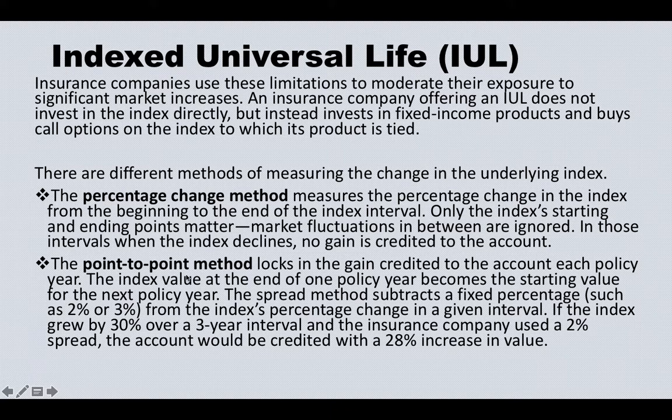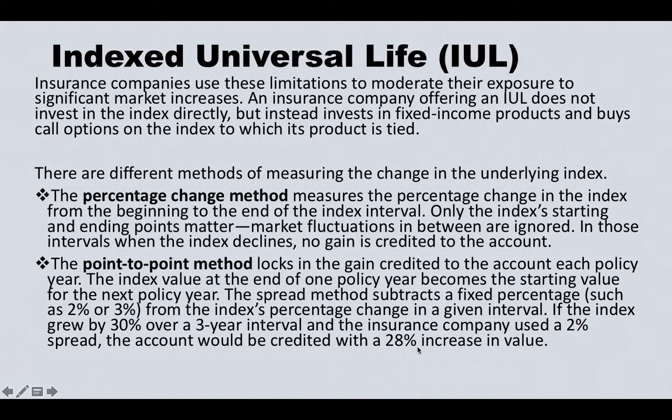The second is the point-to-point method, which locks in the gain and credits it to the account each policy year, and the index value at the end of the policy year becomes the starting value for the next policy year. The spread method subtracts a fixed percentage, such as 2 or 3%, from the index percentage change in the given interval. If the index grows by 30% over a 3-year interval and the insurance company uses a 2% spread, the account would be credited with a 28% increase in value.